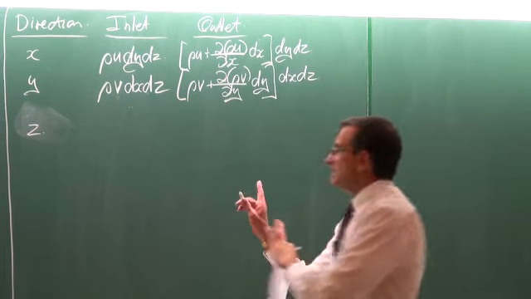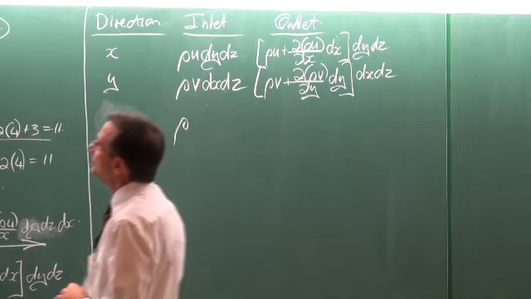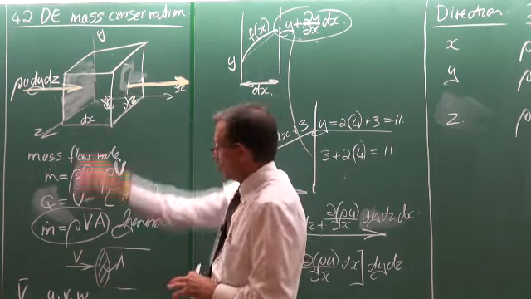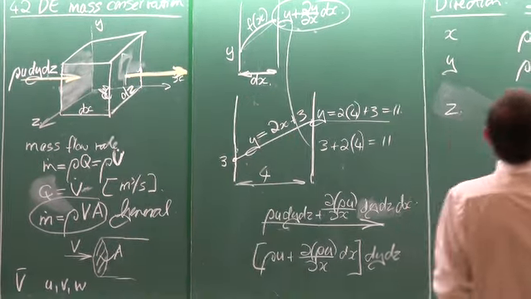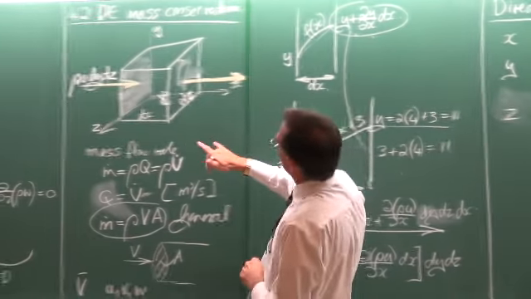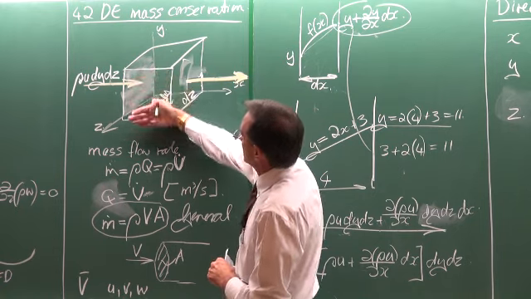Now in the z direction, it would be equal to rho multiplied by w now. The velocity w would go into the face of dx multiplied by dy, that one there.